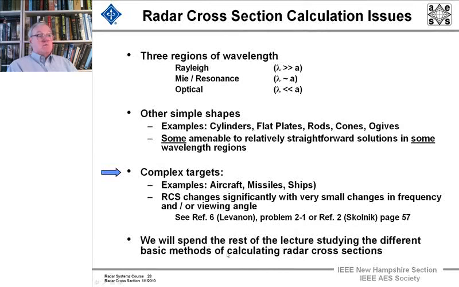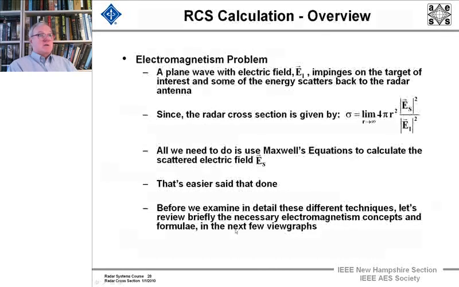And as I said, now let's look at some complex targets and what the issues are. Well, the problem is, and as I went over a little bit before and we'll reiterate again, a plane wave with electromagnetic field E sub I, and I'm just going to deal with the electric field vector of the plane wave. You can get the magnetic field from the plane wave by simple calculation.